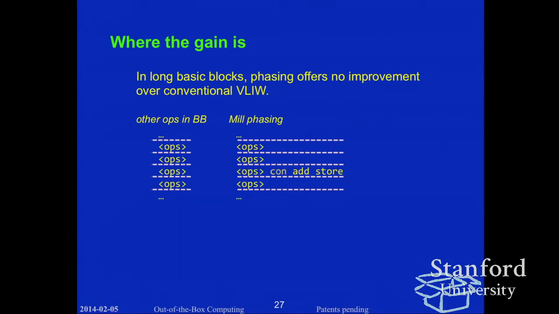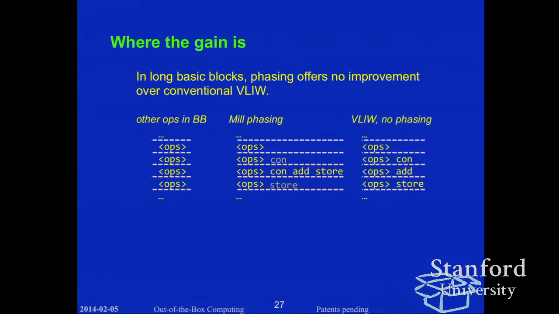Note that the con will in fact wind up being executed there, and the store will wind up being executed there, but it's still 1 instruction as far as the code is concerned. On a VLIW, you can simply put the con and the store in the appropriate place. The Mill has not gotten any faster than what the VLIW would have done. This, however, is true only in the middle of a long basic block.